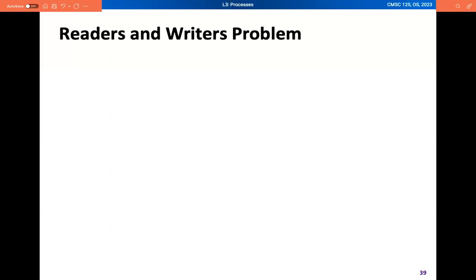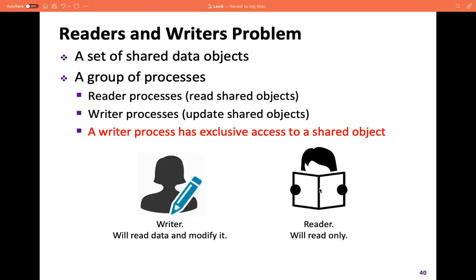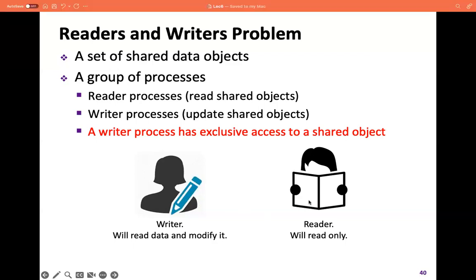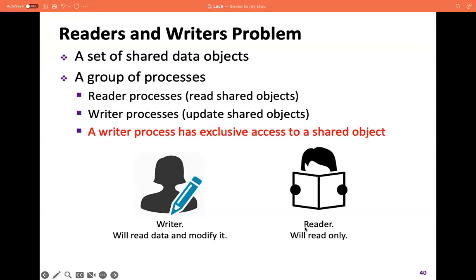Okay, so the readers-writers problem is another one of the classical problems in synchronization. In this problem, there are multiple readers and writers that access a shared database. The readers simply read data from the database, but the writers can both read from and write to the database.